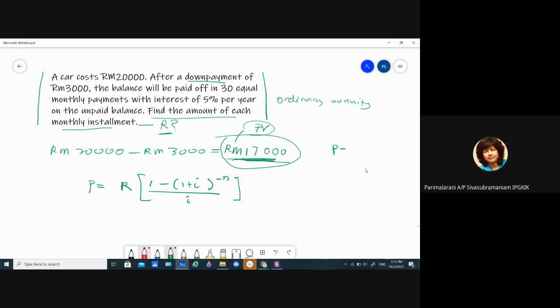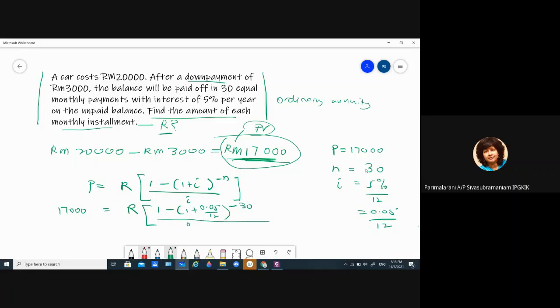So our P is 17,000. N is 30 equal monthly payments, so n is 30. i is 5% over 12, which is 0.05 over 12. Substitute everything into your formula. We have 17,000 equals R, which we don't know and want to find, times 1 minus 1 plus 0.05 over 12 to the power of negative 30, divided by 0.05 over 12.